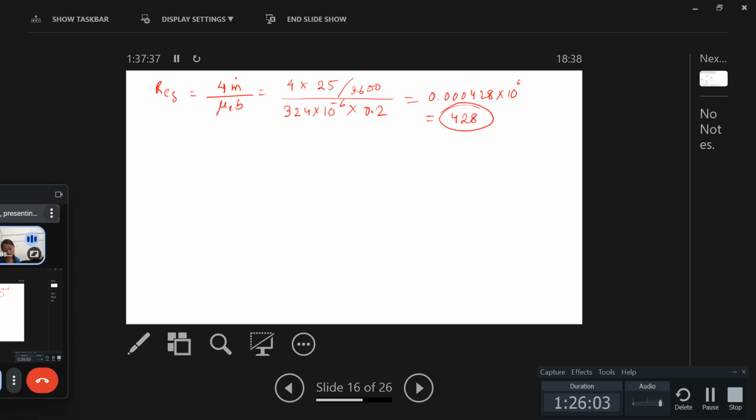So this is again in between 30 and 1800, neither laminar nor turbulent. So we have to follow that formula.